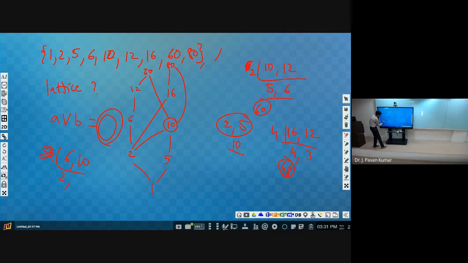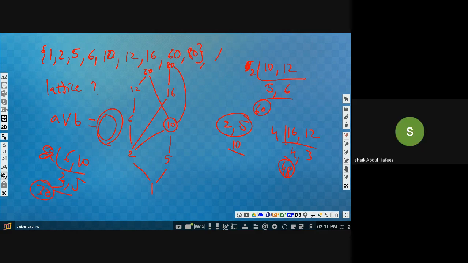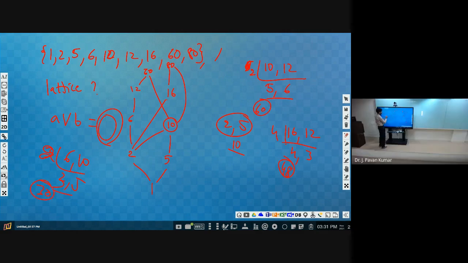This is 2, then 3, 5. So 15, 30, right? Yes, sir. What is the join of 6 and 10? 60. So it is a multiple of this LCM only, isn't it? So like that you can check.